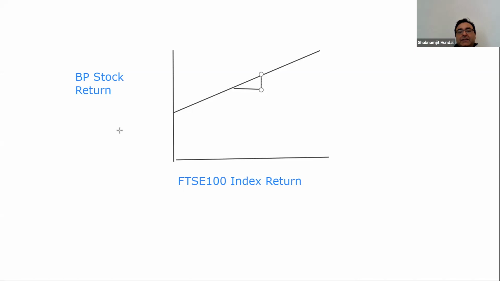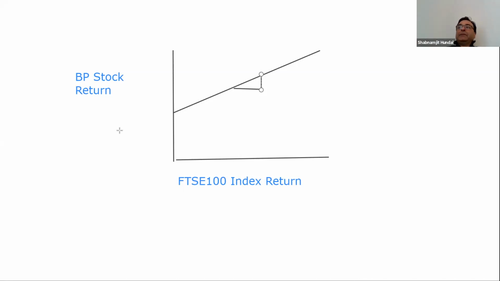In this example, the BP stock return depends on the FTSE 100 index return, and if that beta comes to be 0.6, then for every 1% market rise, the BP stock return, not price, goes up by 0.6%.